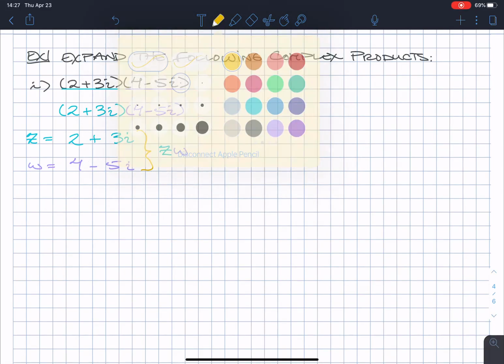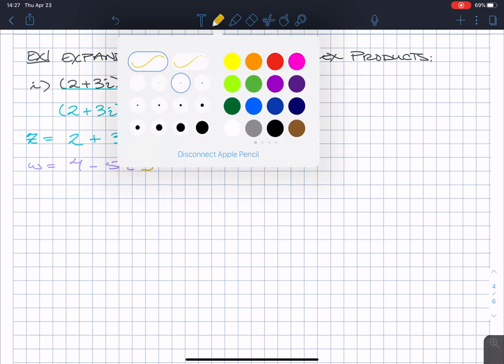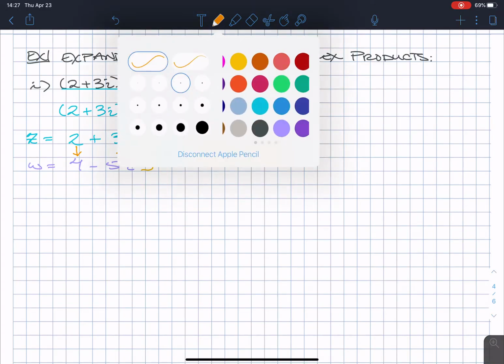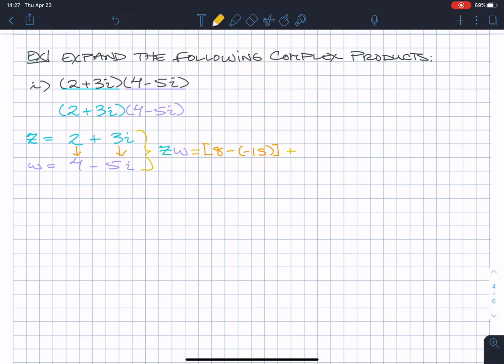what I get should be, in orange, 8 minus negative 15 for the real part, and negative 10 plus 12 for the imaginary part.